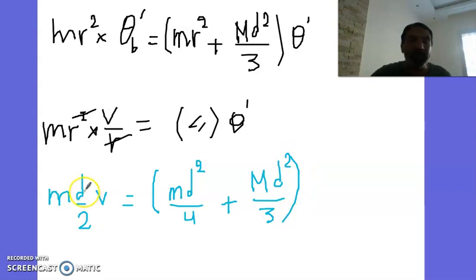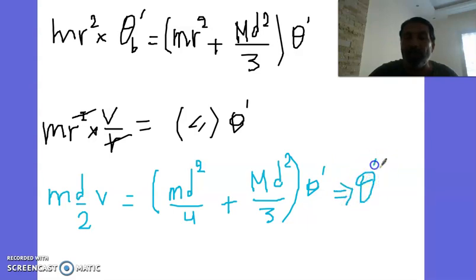Now we have d 1 meter, v 400 meter per second, m 10 gram, 0.01 kilogram, and the mass of the door is 6 kilogram, and this is theta prime. If you do the calculation, then you get theta prime equal to 1 radian per second.